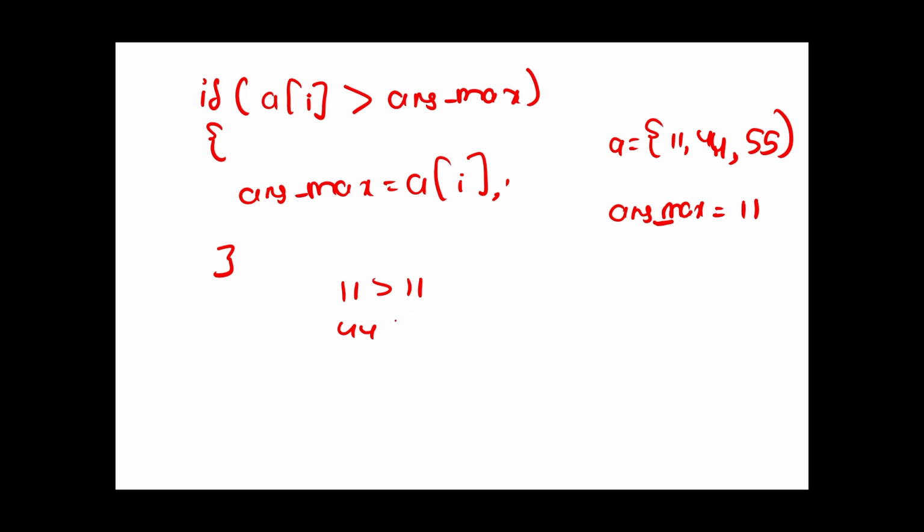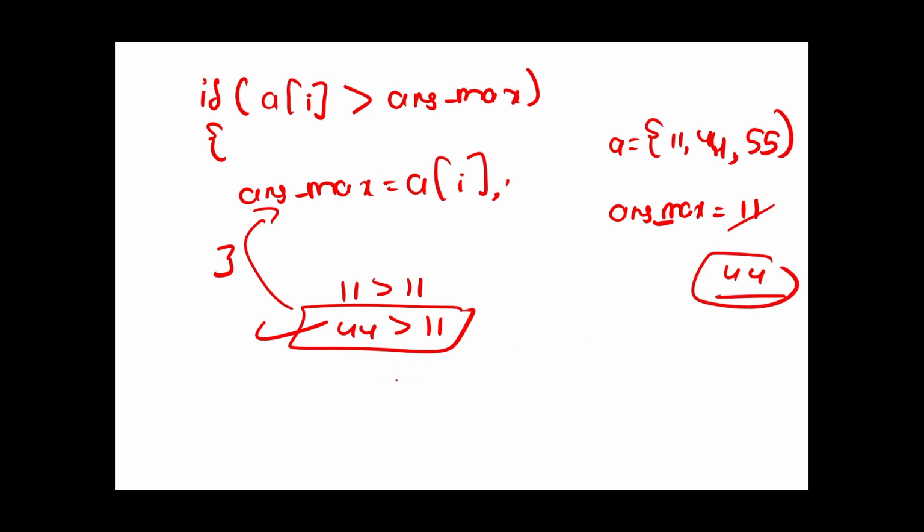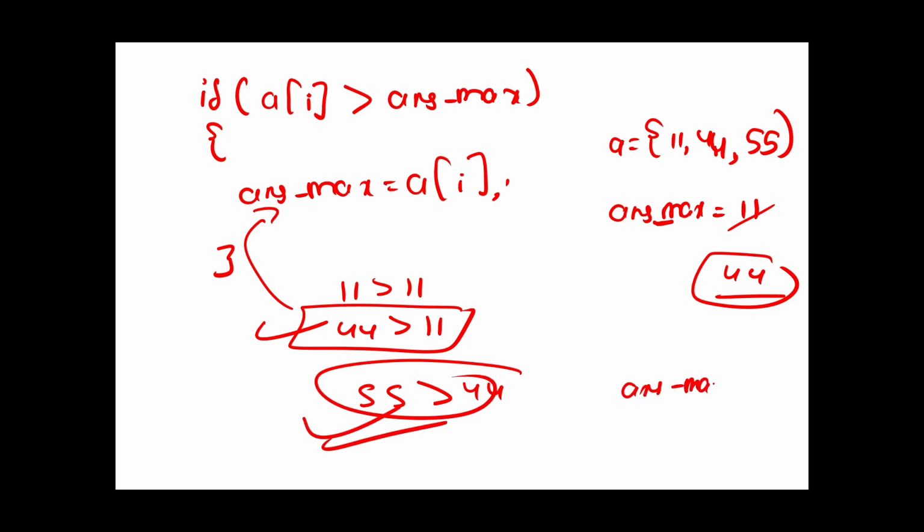Next array element is 44, which is greater than answer max, here 11, so the condition is satisfied and answer max is updated to 44. After this we compare with 55. Answer max is now 44, this condition is also satisfied, and now our answer max becomes 55. So we can find the maximum answer like this.